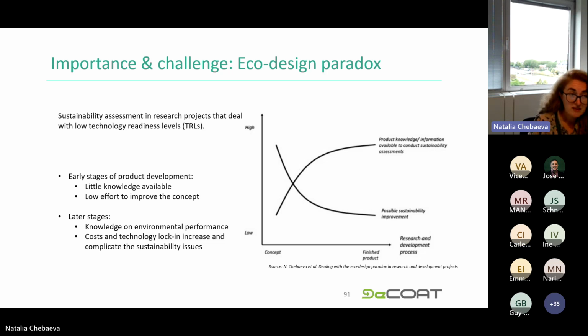Sounds great, but it is not as simple. What we have faced is the eco-design paradox challenge.